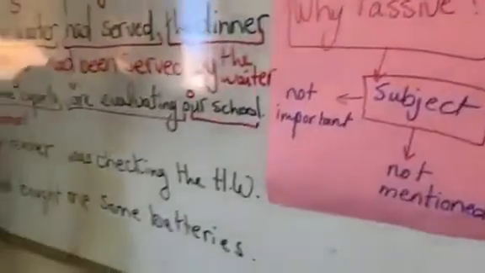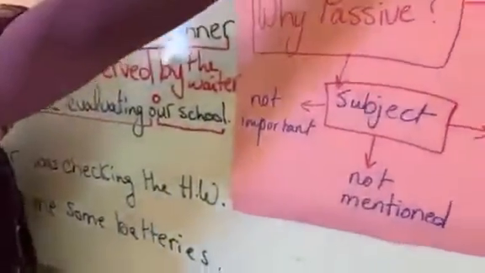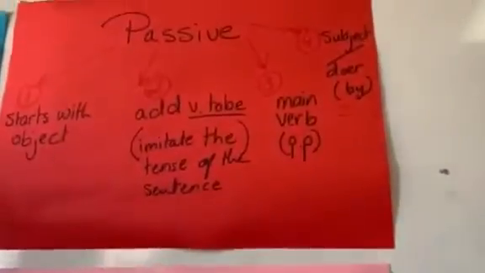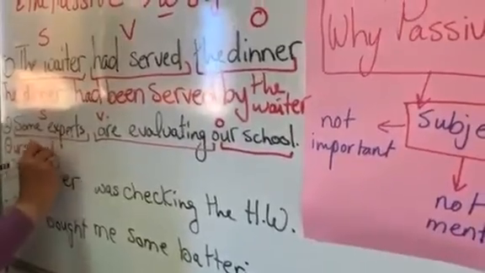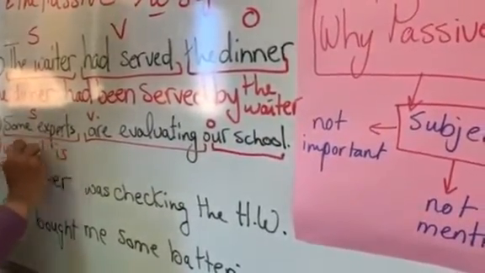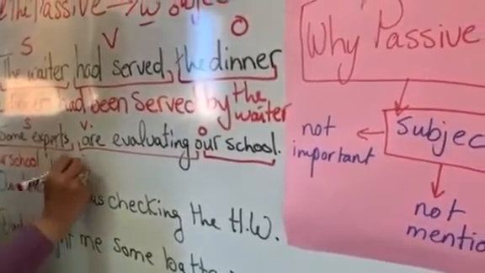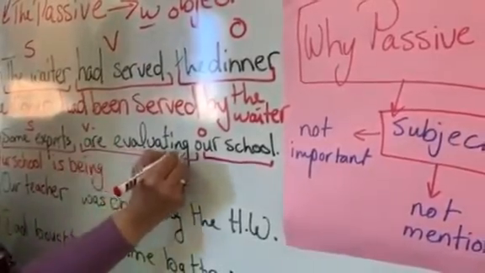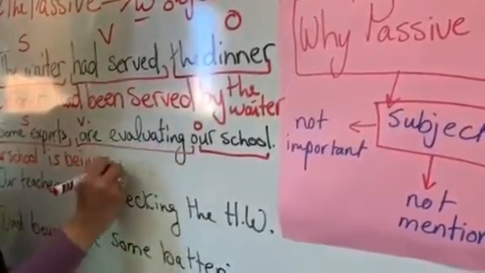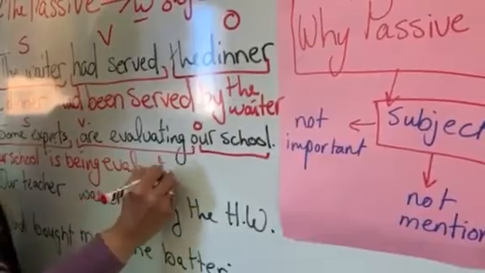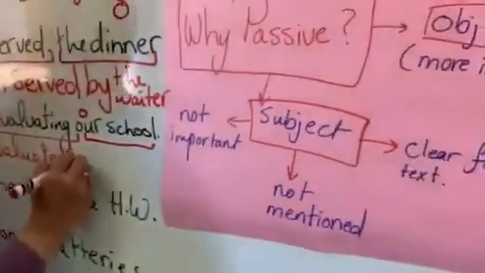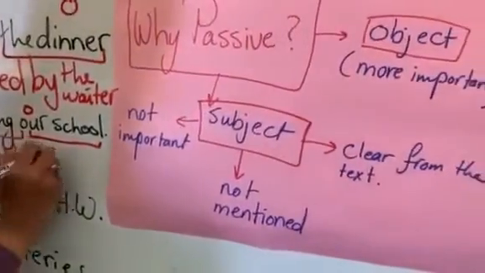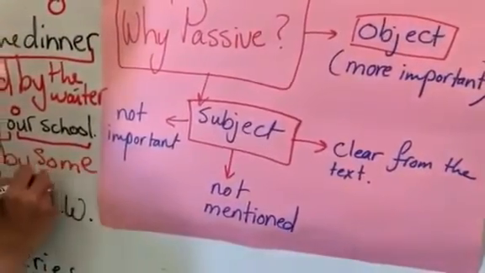Okay, and then number 2, I add verb to be. I add verb to be in which tense? Present continuous. Okay, our school is being, and the main verb in the past participle, evaluated, and then the subject by some experts.